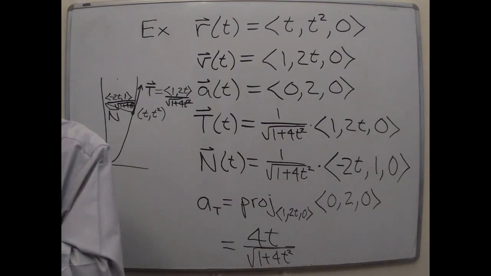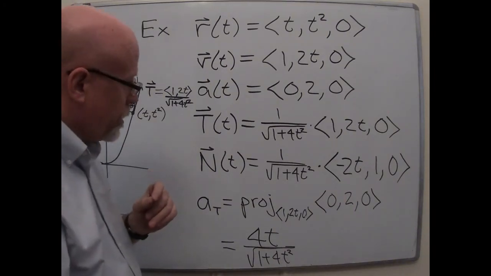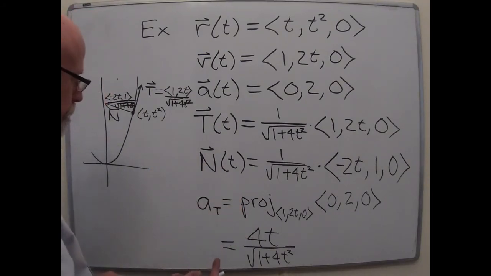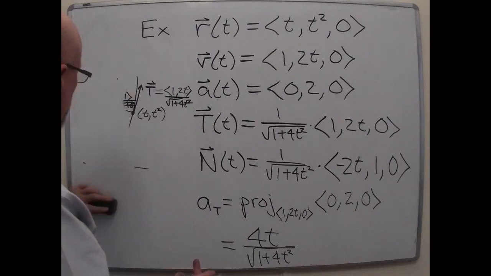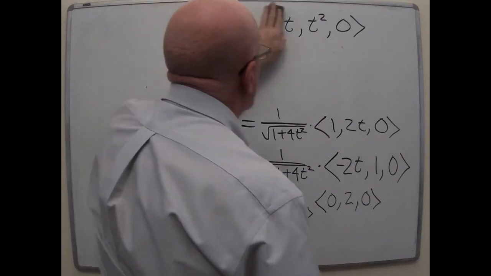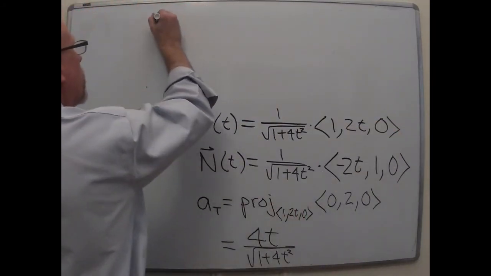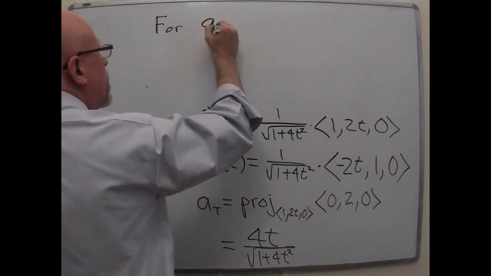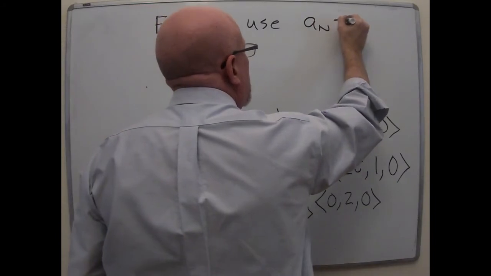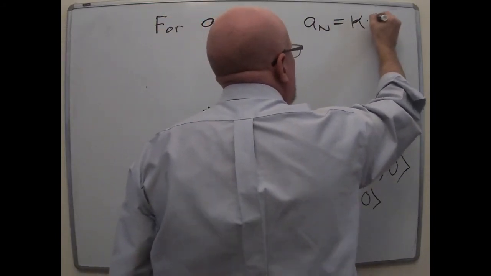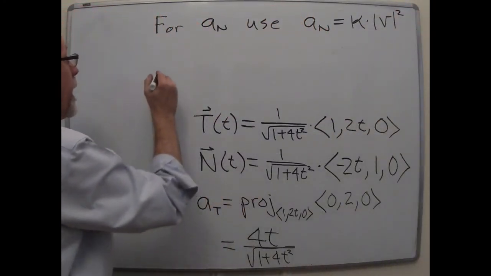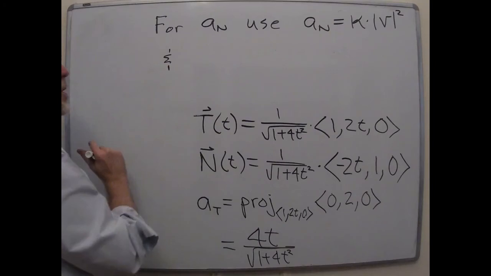You see, we know the normal acceleration is the curvature times the square of the speed. I gotta get some room to write, so I'm gonna have to erase some stuff. For the normal component, a sub n, use that a sub n is kappa times speed squared. And let's go one more step.